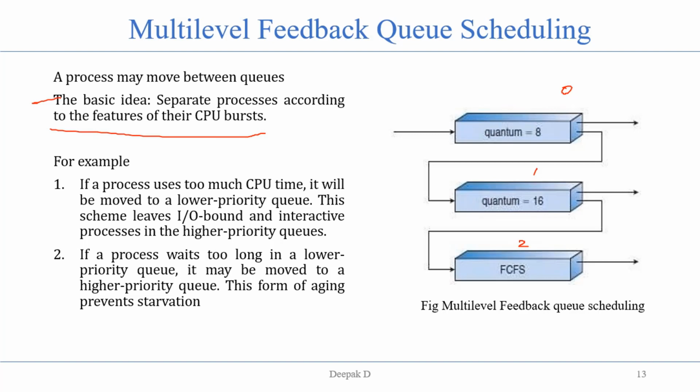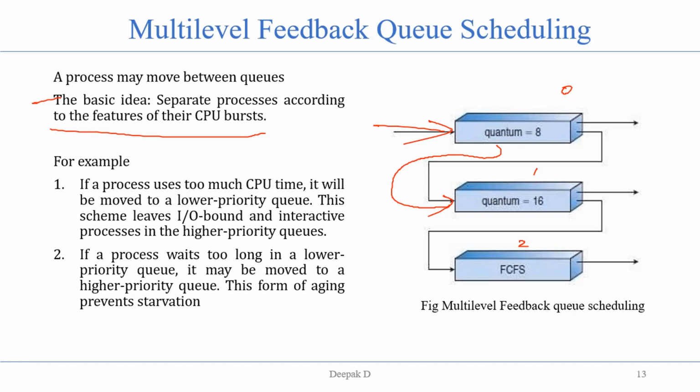Assume a process has entered the ready queue. Once it enters, it is given to the queue where the time quantum is 8 milliseconds. If that process does not finish within this time, it is moved to the tail of the next queue, where the time quantum is 16 milliseconds.